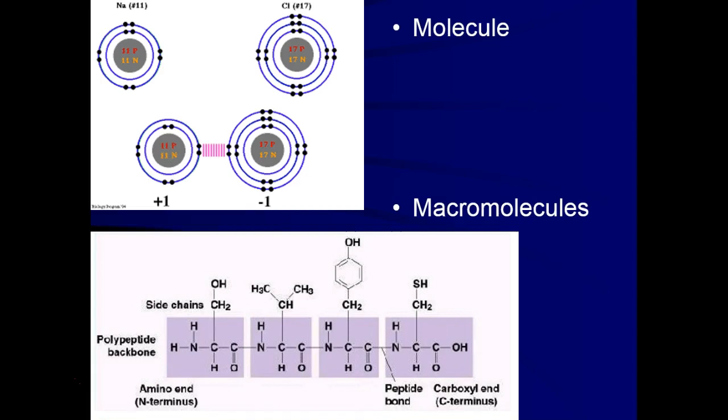All right. So we know what a molecule is. In organic chemistry, we find that a lot of these molecules are in big, long chains. Oftentimes a whole bunch of repeating units, one after another after another.